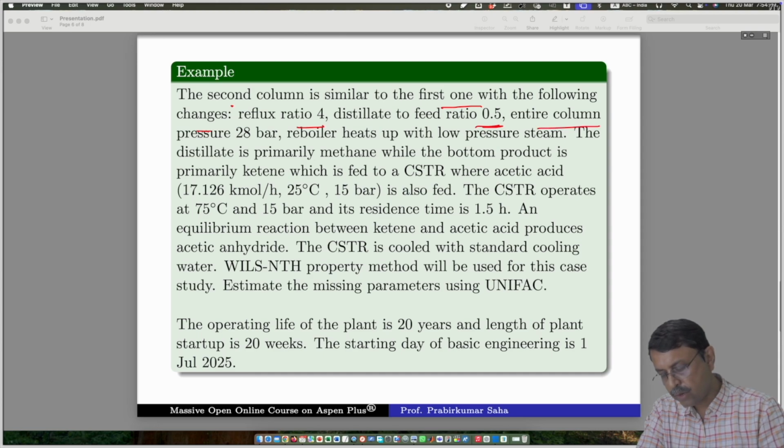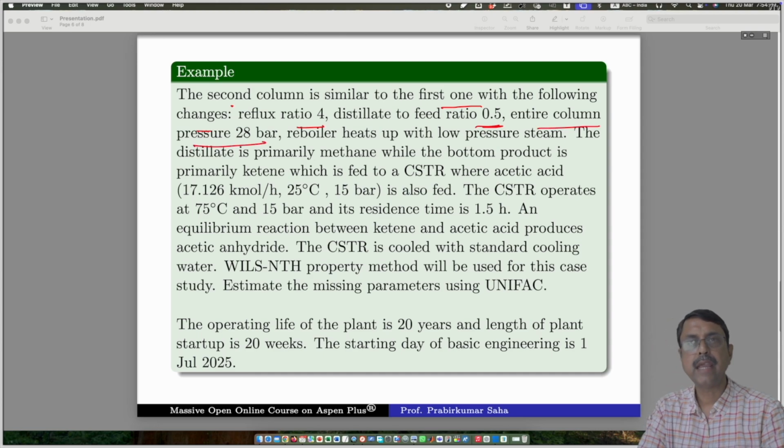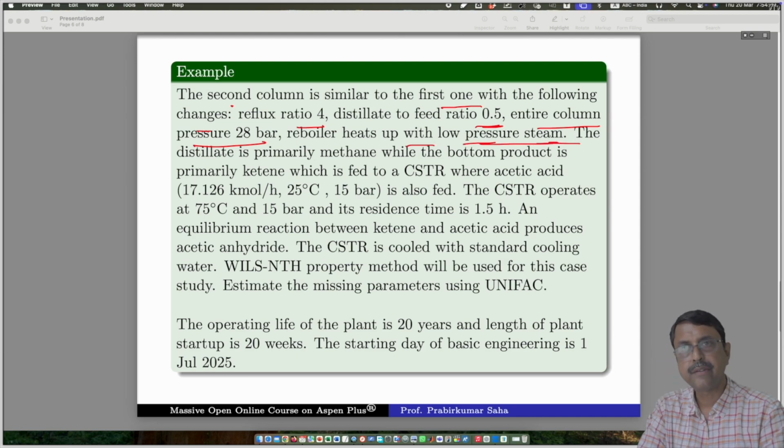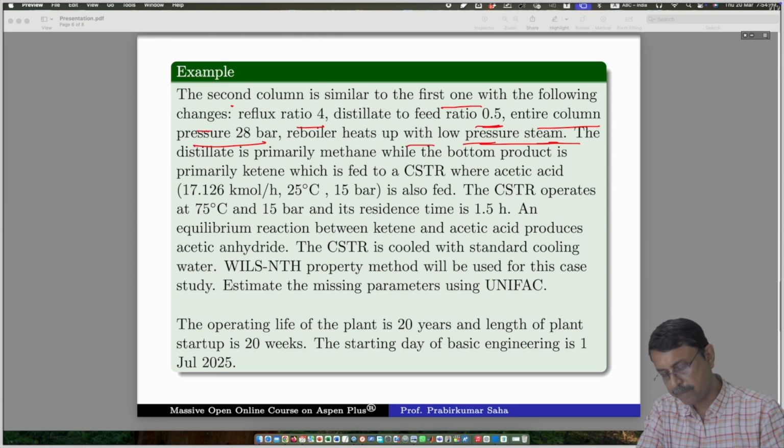And the entire column pressure is at 28 bar. In the first column it was 29 bar. Here 1 bar is reduced. And the reboiler heats up with low pressure steam. In the first column we were using high pressure steam. In this column we are using low pressure steam. So these are the 4 changes we will do in the second column.